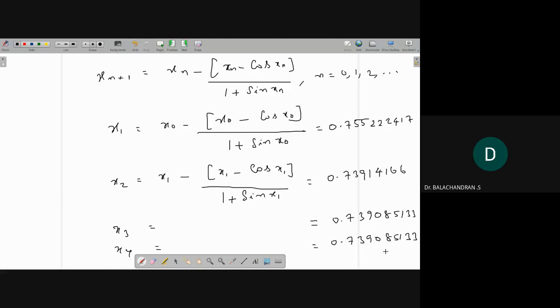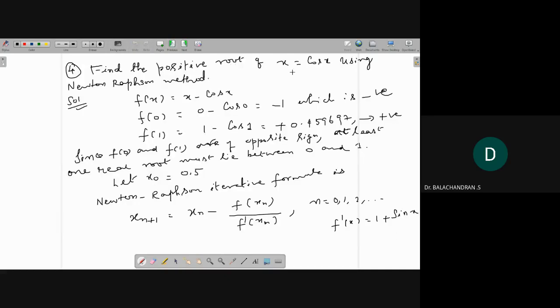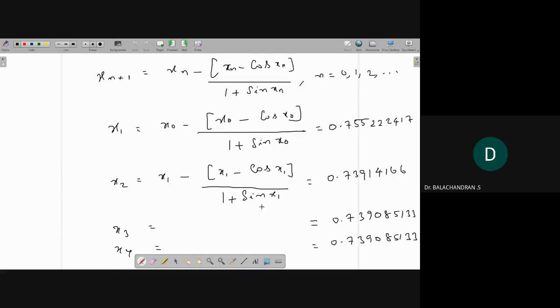So the approximate value of... sorry, I was confused with the previous problem. We need to find the positive root of x minus cos x. So the positive root of x equal to cos x is 0.739085133. This is the final answer.